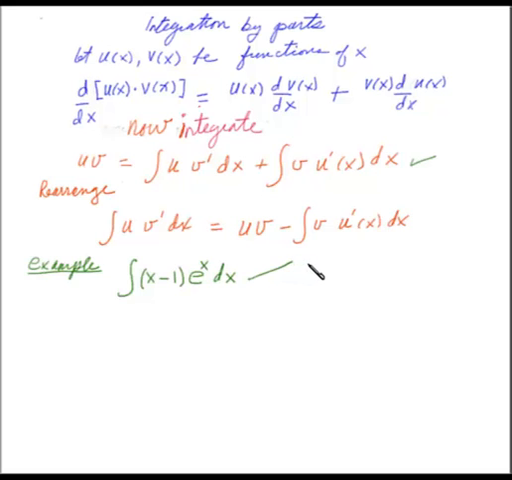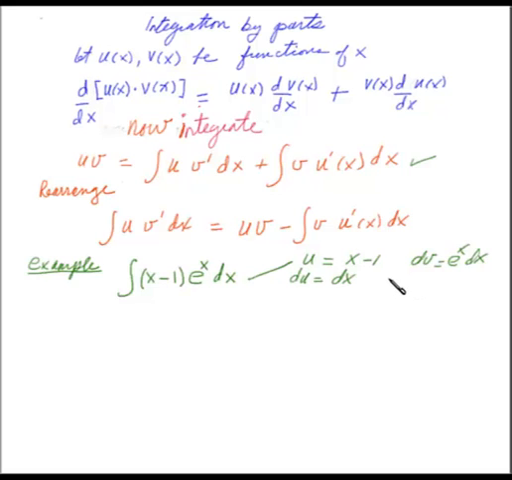And here's choice 1. I could let u equal x minus 1 and let dv equal e to the x dx. If I did that, then du would be equal to dx, just taking differentials here.